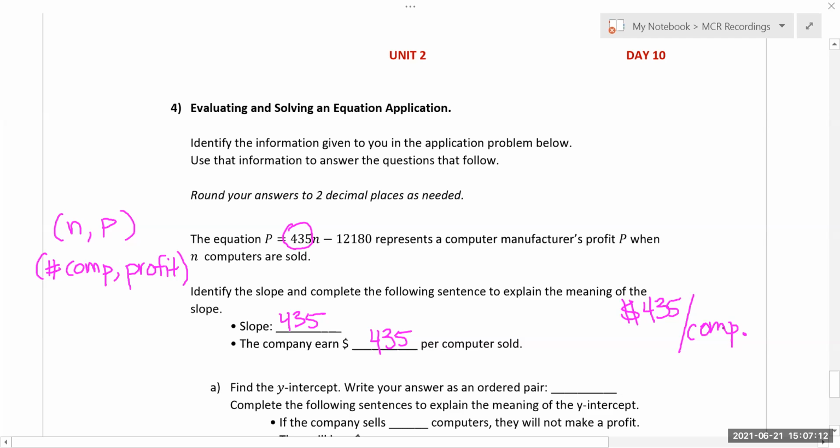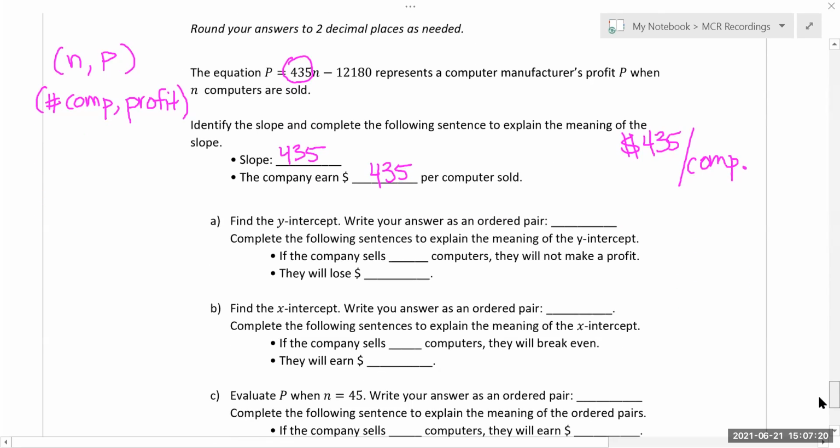So again, I just want to point that out again. The y-intercept, let me pull this down, is automatically going to be an ordered pair 0, comma. And on that note, the x-intercept is going to be something comma 0. So I'm going to go ahead and just put those in.